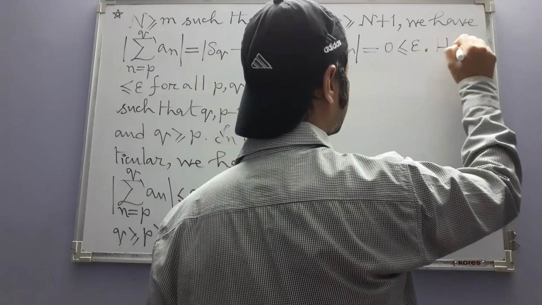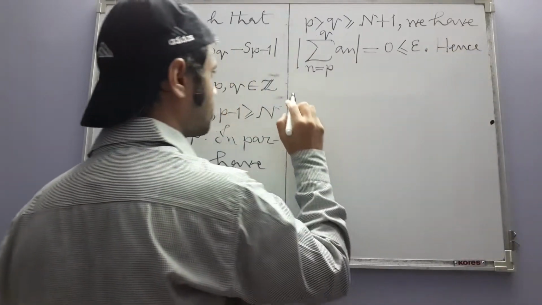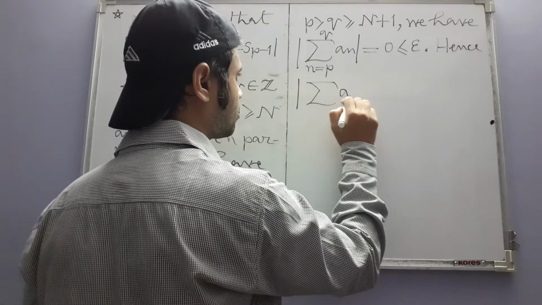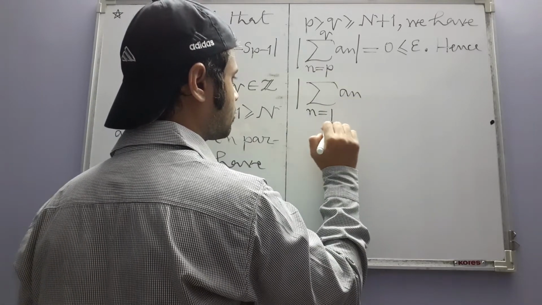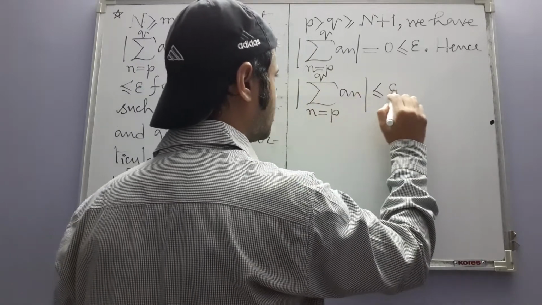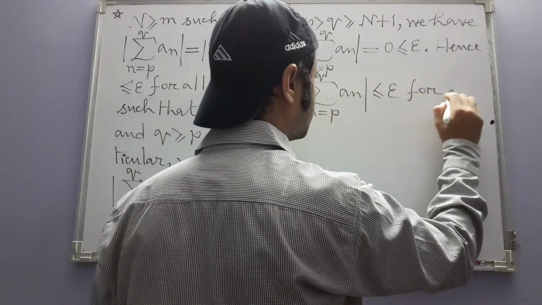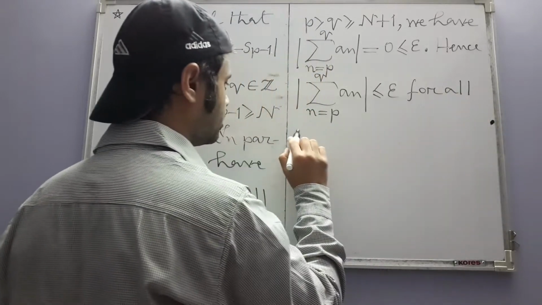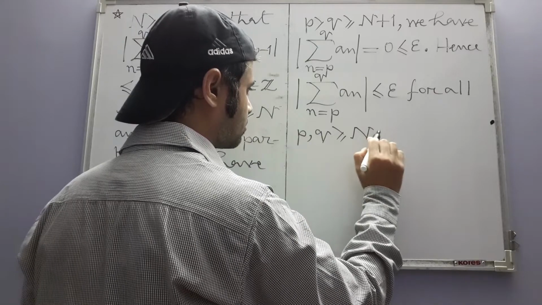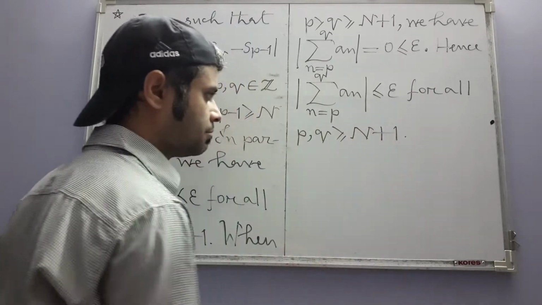Hence this is less than or equal to epsilon for all integers p and q greater than or equal to n plus 1.